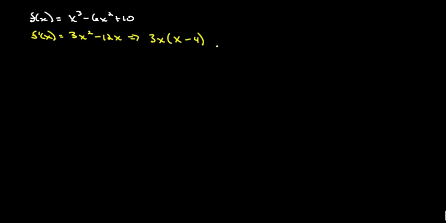And so now we'll set that equal to 0. Use the zero product property here, and that implies that our critical points are at x equals 0 and x equals 4. Now let's take a look at f double prime, or the second derivative.